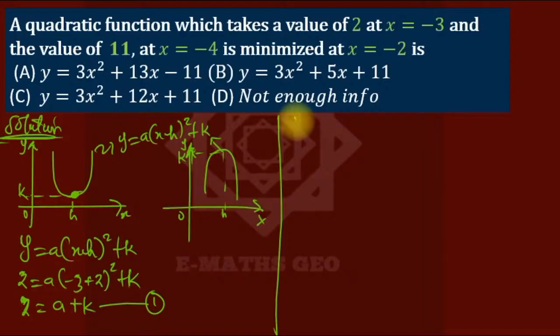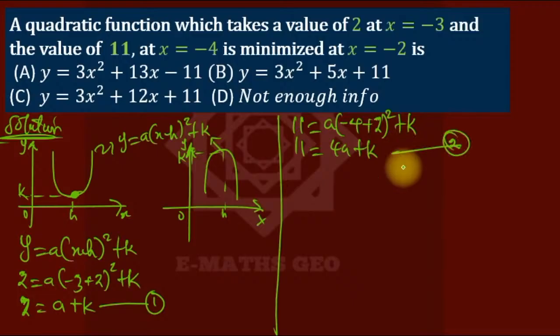So y is 11 at x equals -4, and it is minimized at -2. So h is -2, so +2 all squared plus k. I have 11 equals 4a plus k. We'll call it equation 2.